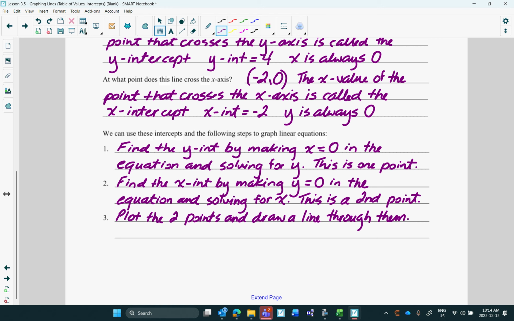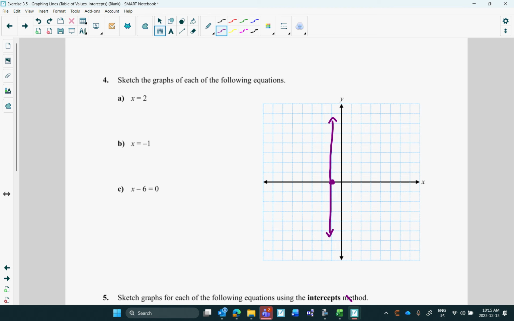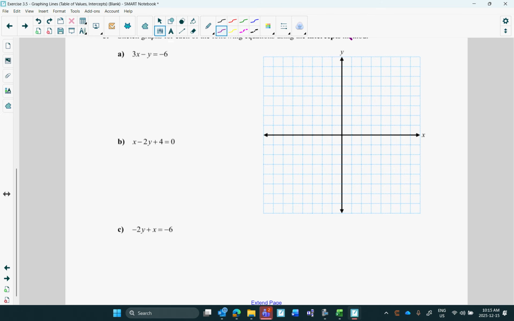So before we finish this up, go back to exercise 3.5, number 5. Let's do one more example together. Let's do 5B.